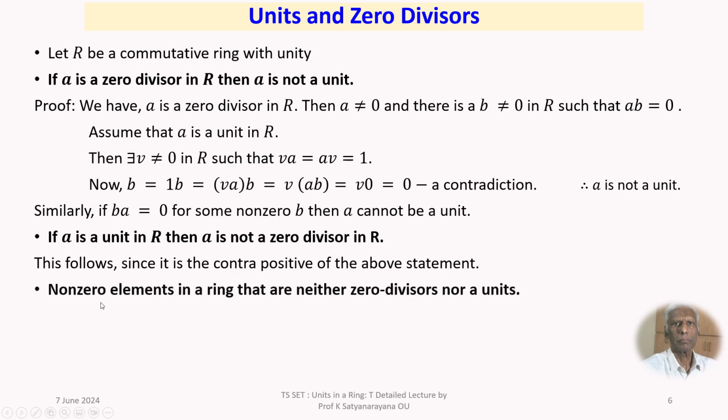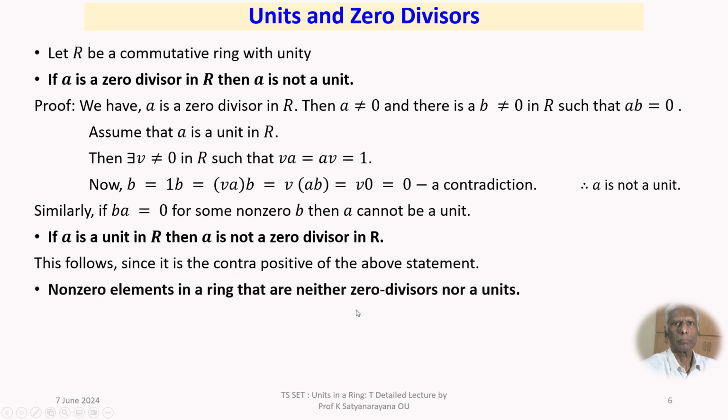So can you give a non-zero element in a certain ring R which is not a unit and not a zero divisor? Yes. We can very easily give. So take the example of the ring Z with plus and dot. Who are the units? Plus or minus 1.